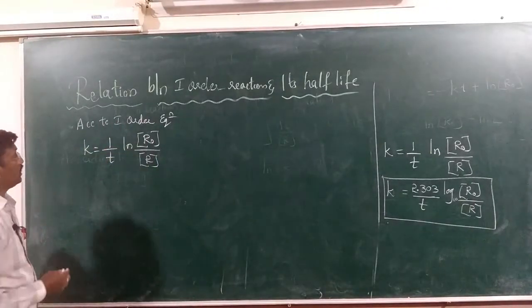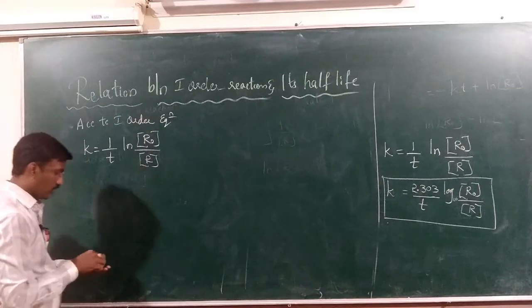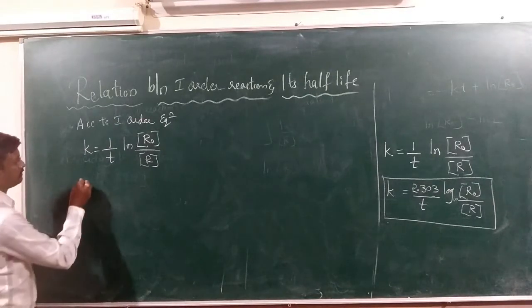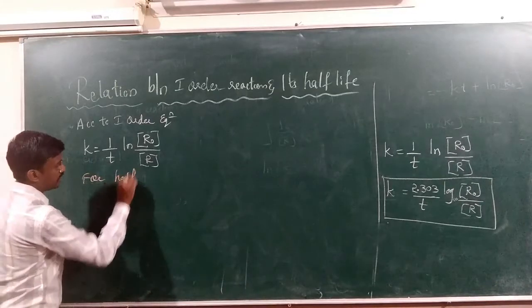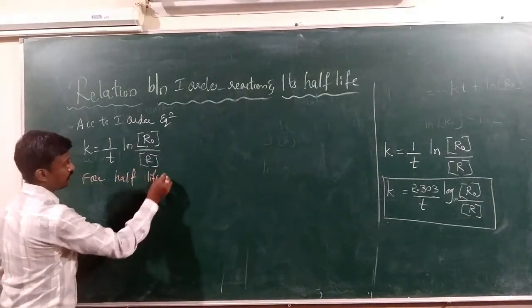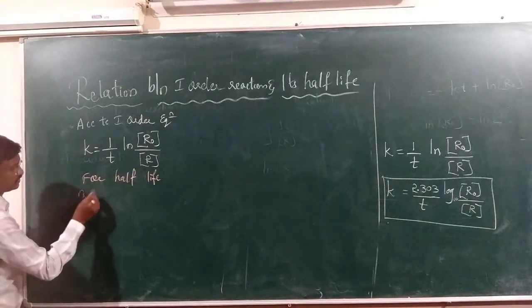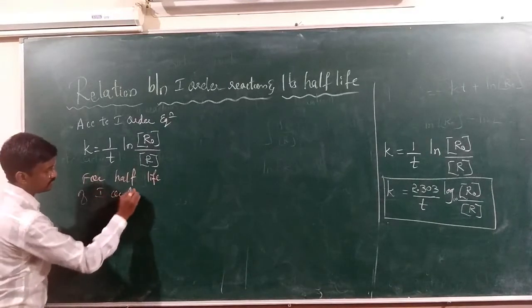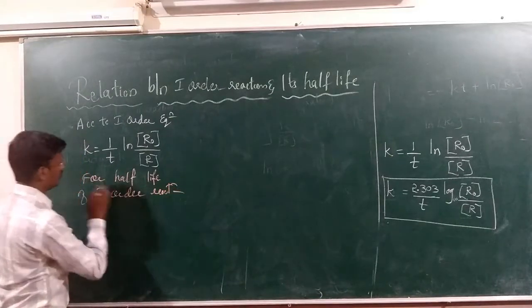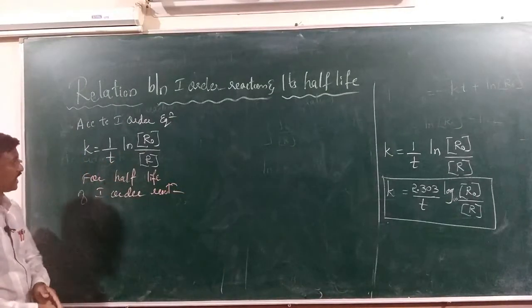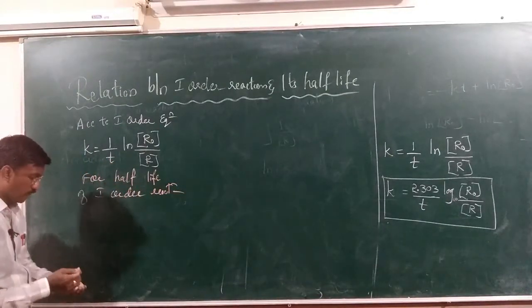So this expression is the first order kinetic equation. To get the half-life relation of the first order reaction, what do we have to substitute?